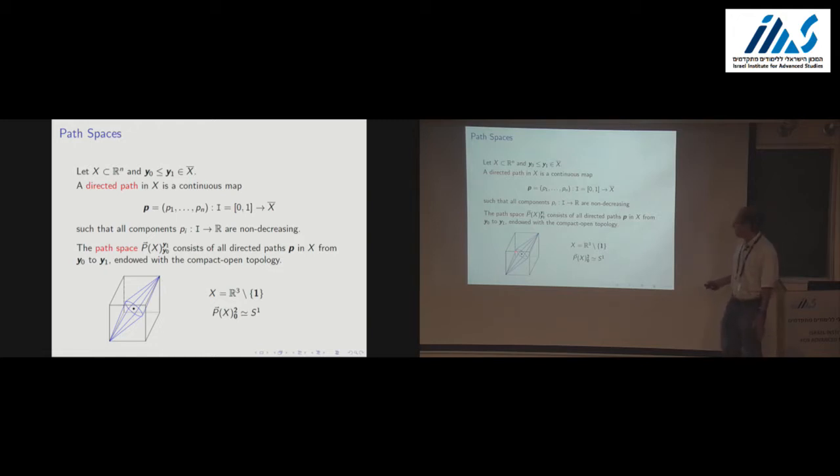So for example, let's say we remove from R3 the point (1, 1, 1). Then the path space of X between the origin (0, 0, 0) and (2, 2, 2) is homotopy equivalent to the circle. So let's see why this is true. Each point in this circle gives us a path from 0 to 2 by first walking directly in a straight line to that point, and then continuing from that point to (2, 2, 2).